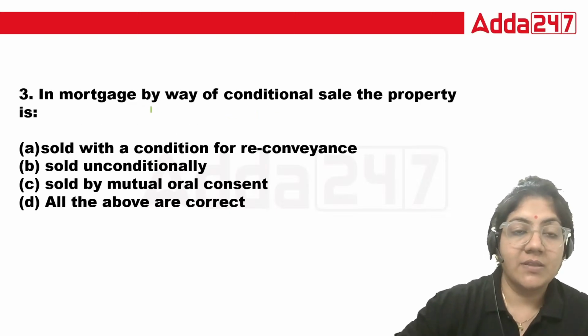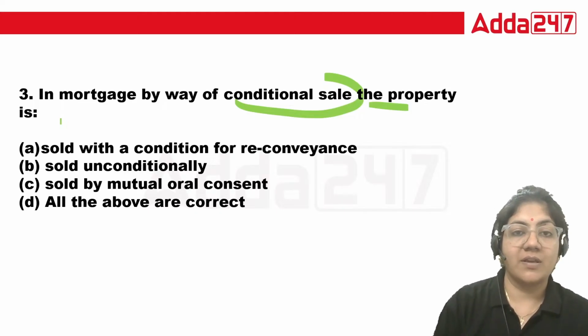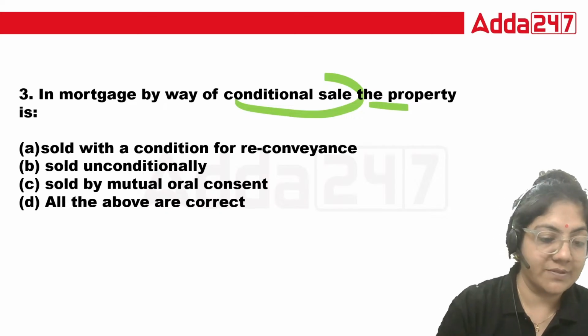Now, in the mortgage by conditional sale, the property is what? Sold with condition for reconveyance, sold unconditionally, sold by mutual oral consent. Yeah, all of the above is correct.